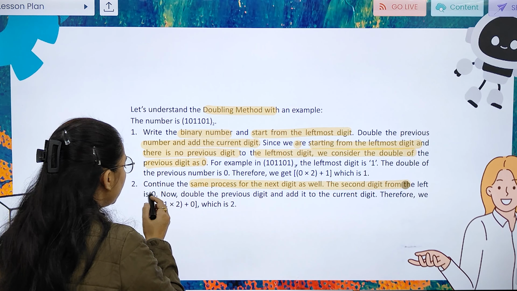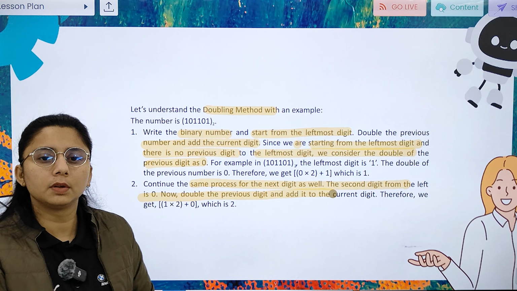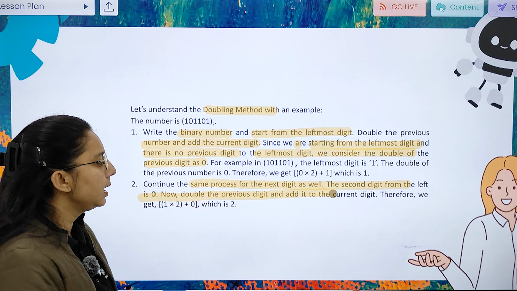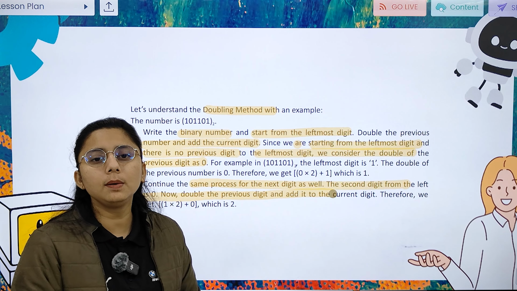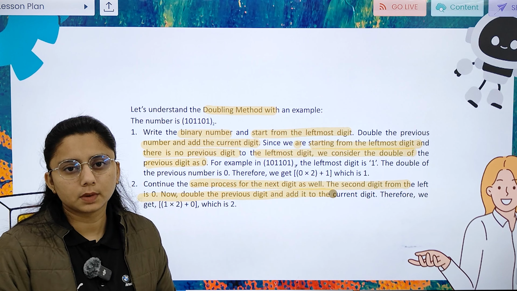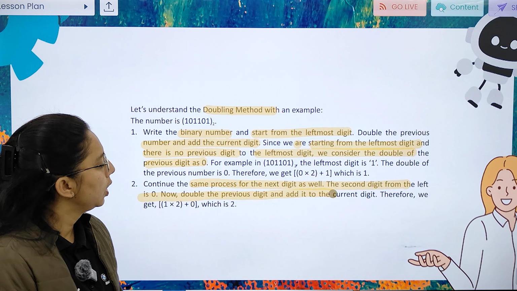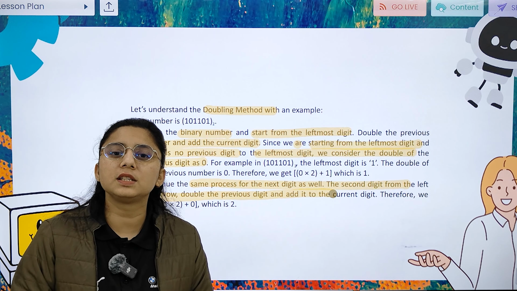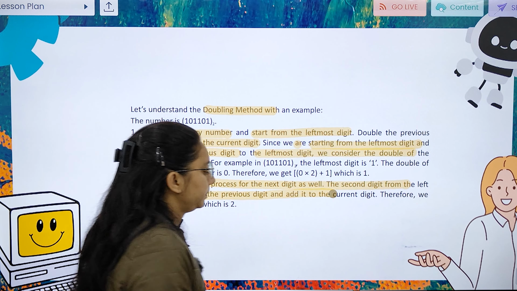The second digit from the left is 0. Double the previous number: 1 times 2 is 2, and then add the current digit, that is 0. So the answer will be 2 only.